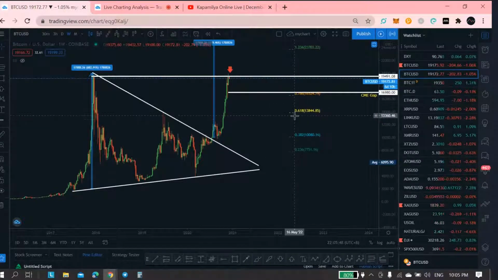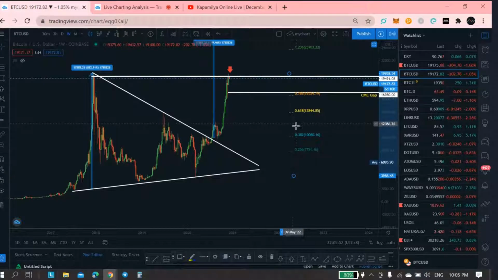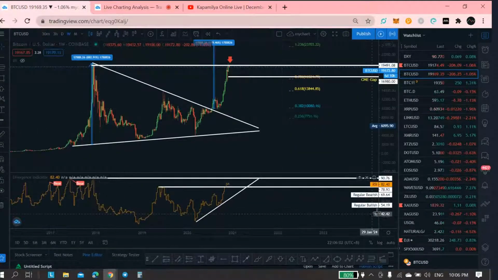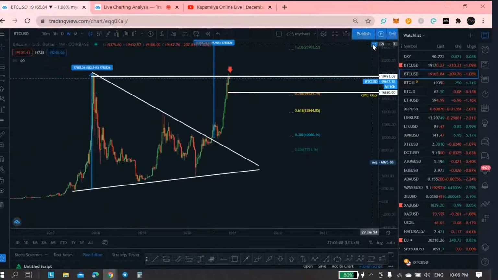I'm not using the 50 area because, as I mentioned, I trade the extremes. As you can see in the divergence indicator, I don't trade at the middle. So that 50 fib, I normally don't trade at that area.